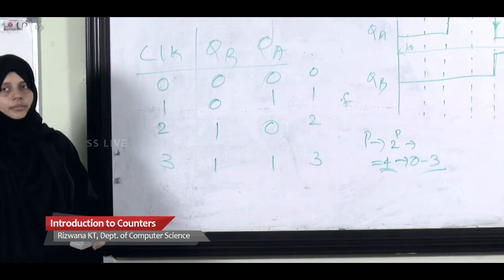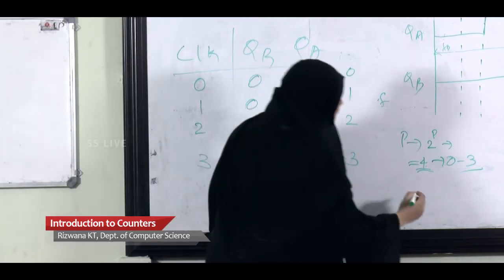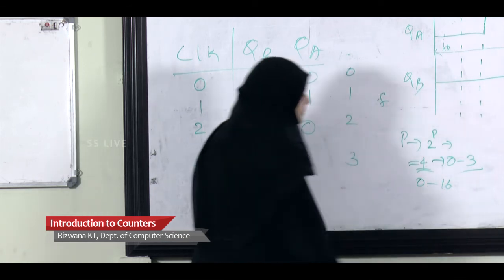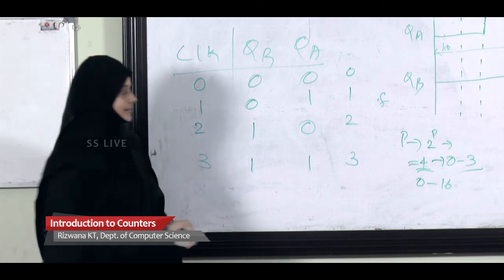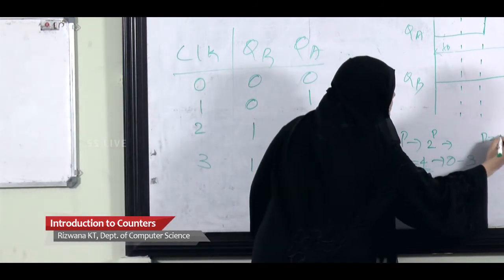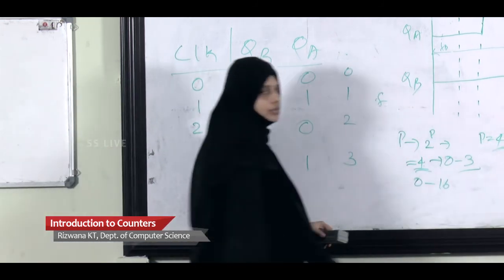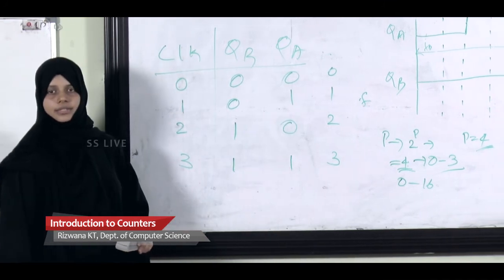If you want to perform the counting operation from 0 to 16, what should be the value for p? P should be equal to 4, that is 2 raised to 4 is equal to 16. There should be 4 flip-flops. This is how the circuit works.